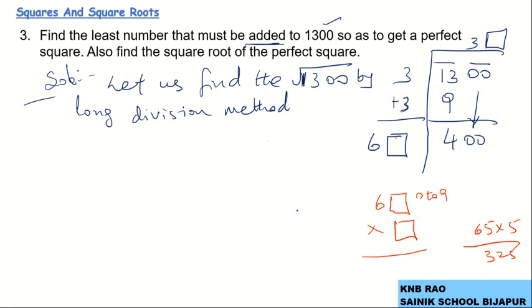Now that means we need to take these digits more than 5. Now 66 6s will give 6 6s are 36, 3 carry, 6 6s are 36 plus that 3 will be 396. So certainly it is very close to 400. So this appropriate digit is 6. So let me take out this rough work.